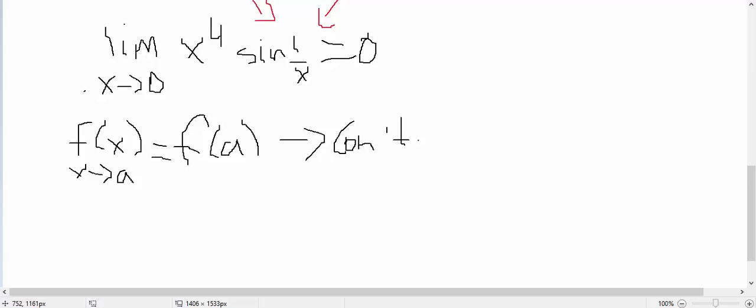And that's what we just did here. The limit of f as x approaches a equals f of a. There you go. So then we know that this approaches 0 and it's continuous.